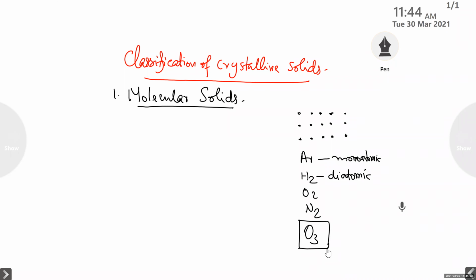All these are non-polar molecules. If there are non-polar molecules, the molecules are held together by cohesive forces, the intermolecular force known as the London forces.